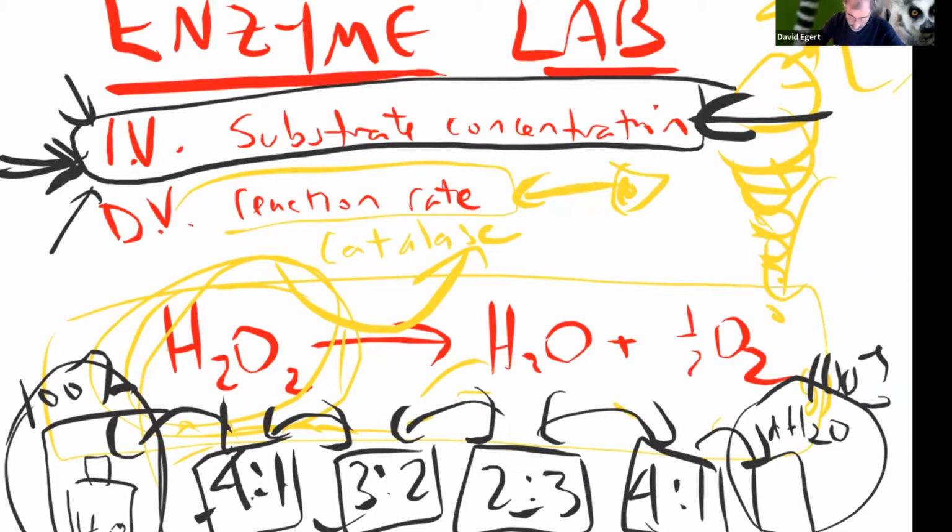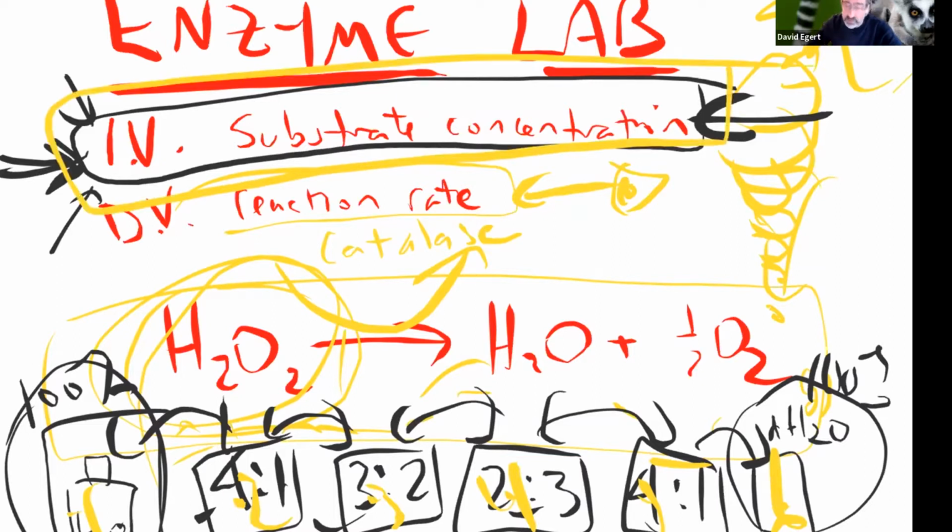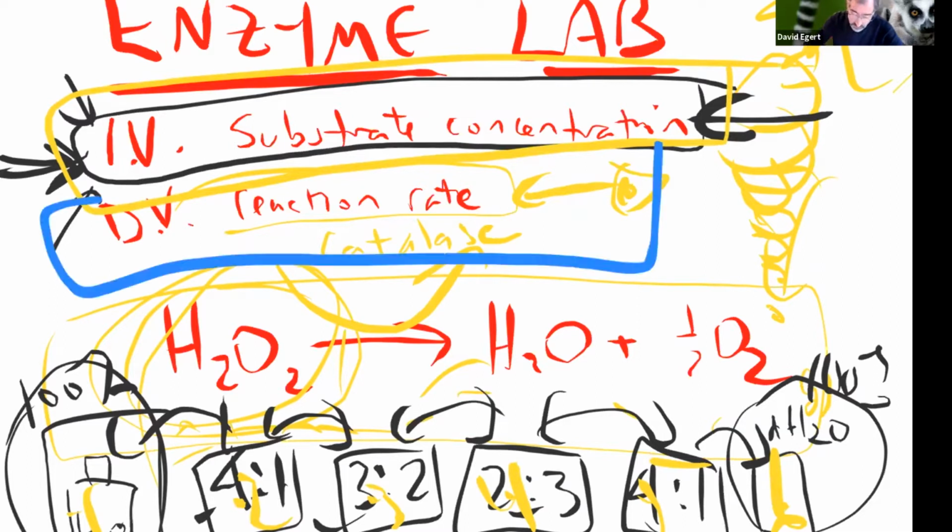So we're going to run the same experiment 6 times, each time with a different substrate concentration. In each case, we want to look at the reaction rate and see how it is affected by these differing substrate concentrations.